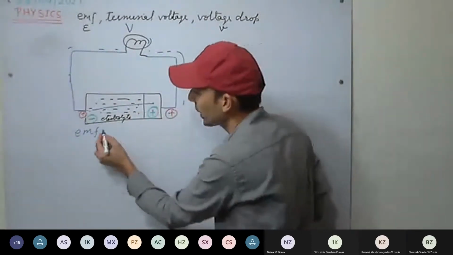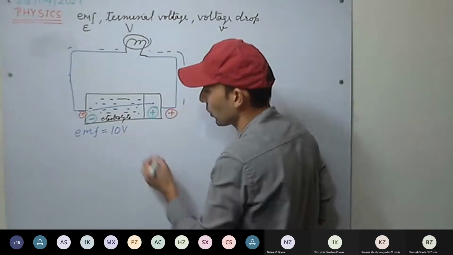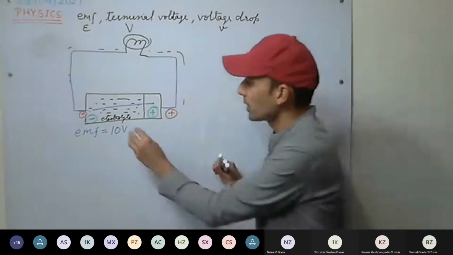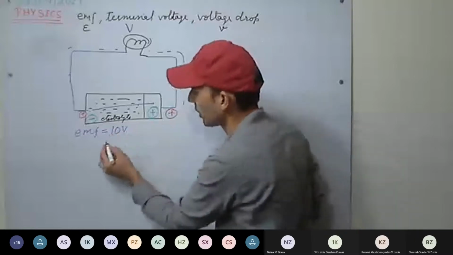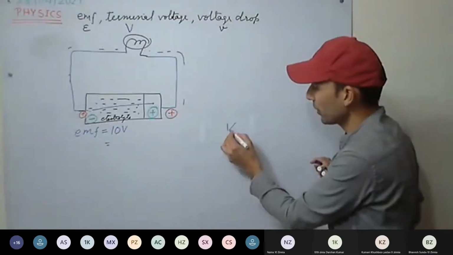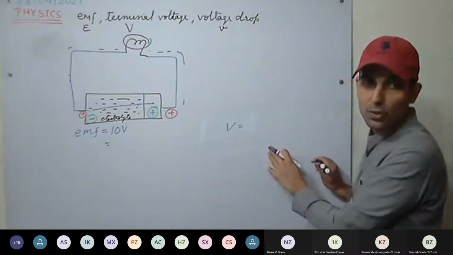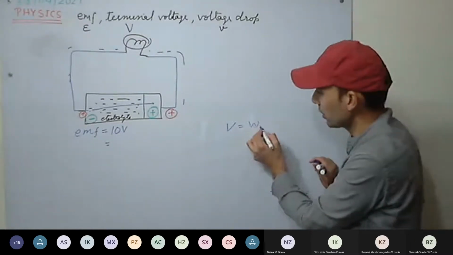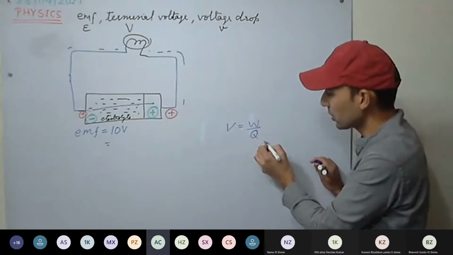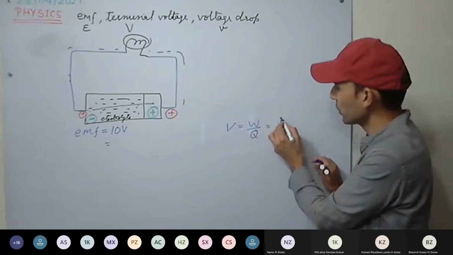So for example, EMF we are taking as 10 volt. 10 volt is what? How is the potential difference defined? Work done per unit positive charge. Yes or no? Yes, sir. So its unit is what?